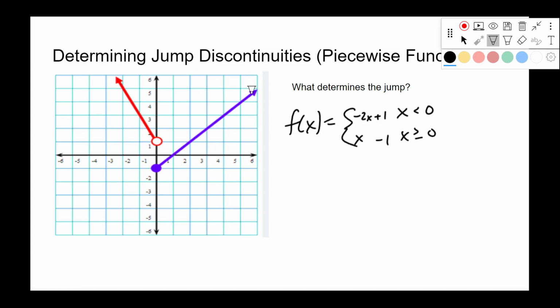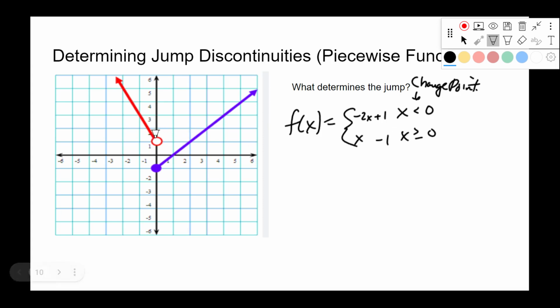Now you can see at the point where the graph changes, literally the change point, where it changes from one graph to the other at x equals 0. If I take 0 and plug it into this top equation, I would get 1. But if I plug it into the bottom equation, I get -1.